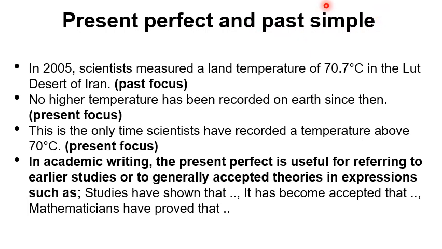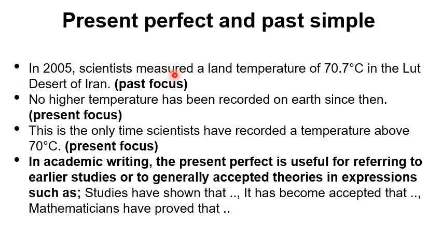When we use past simple, the sentence focuses on the event in the past. For example, in 2004 and 2005, scientists measured a land temperature of 70.7 degrees Celsius in the Lut desert of Iran.